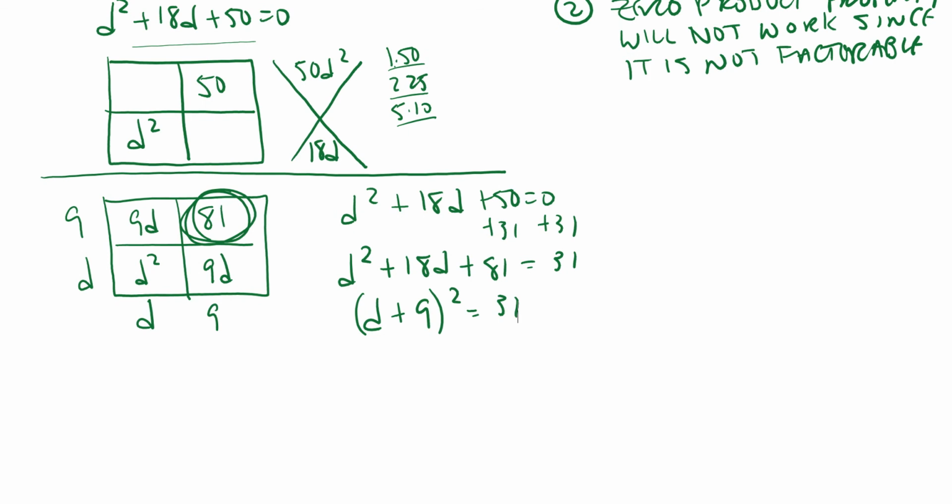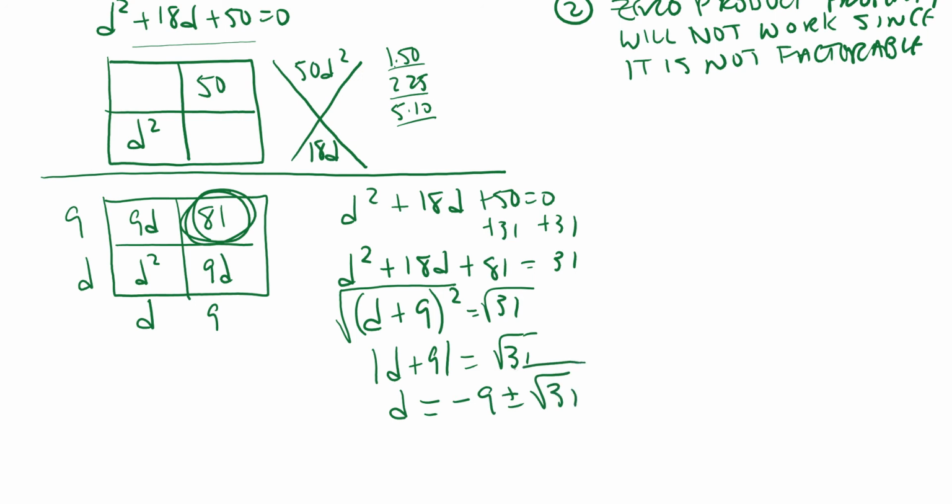And then to solve this, I'm going to take the square root of both sides. So I get the absolute value of d plus 9 equals root 31. And so then d equals minus 9 plus or minus root 31. And that is my solution.